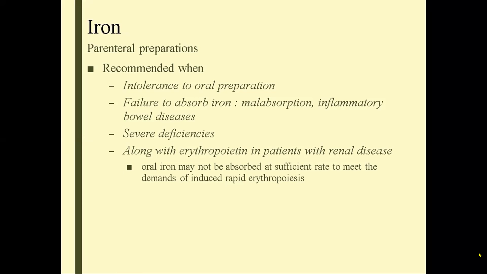Okay, severe deficiencies. So along with erythropoietin in patients with renal disease. So this is a situation where erythropoietin is synthesized from the kidney, and in kidney diseases, if you are giving, let's say, erythropoietin for renal disease induced anemia, oral iron there, it will be like you can see here.